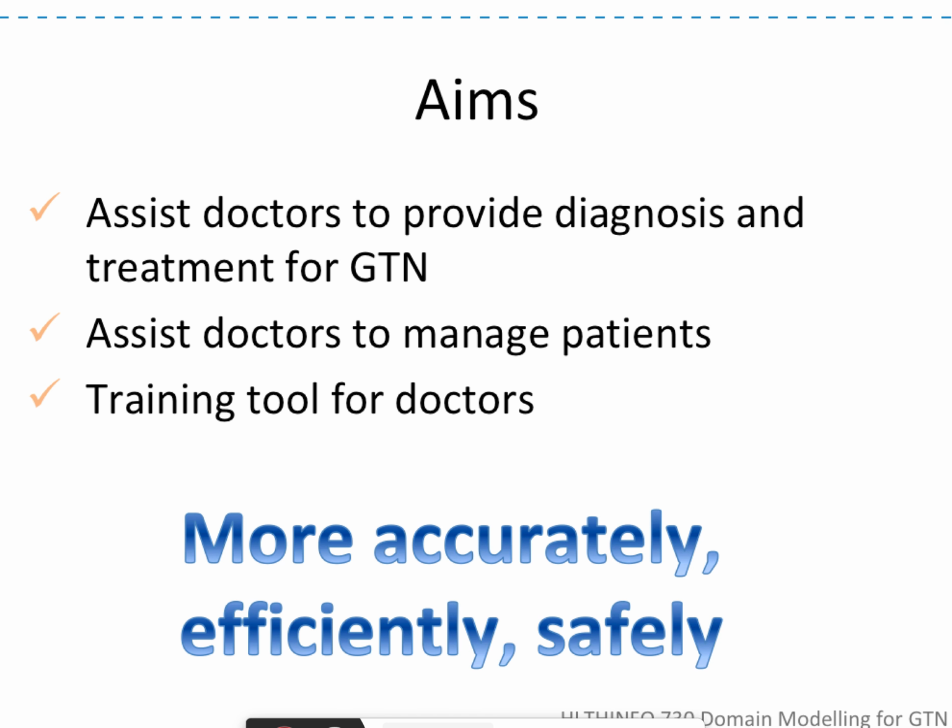Therefore, I'm going to design a clinical decision support system to assist doctors to diagnose and treat GTN more accurately, and to assist doctors to manage patients more efficiently and safely. I hope this system could also be a useful training tool.